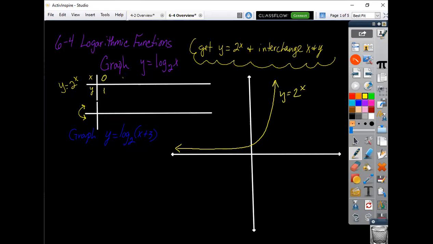If you go out there to x of 3, you're going to get an 8. If you do a negative number in here, you're getting really close to 0. But it stays on the positive side, because 2 to any power has to be positive.